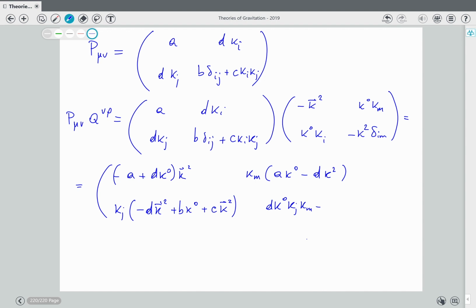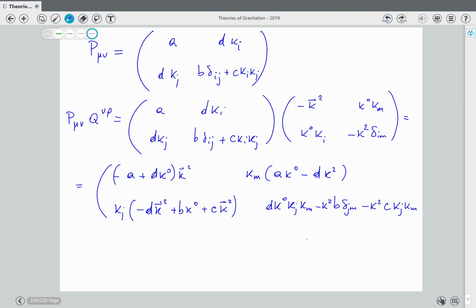So this is that minus k squared b delta j m minus k squared c. I'm multiplying these two, kj km.